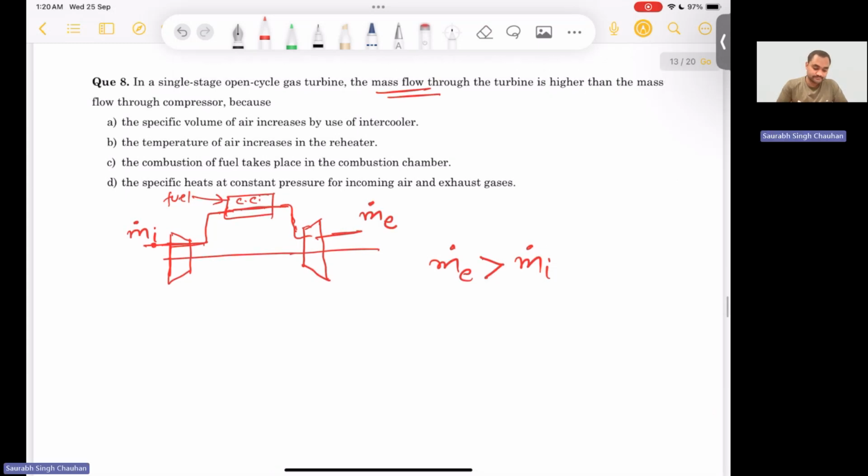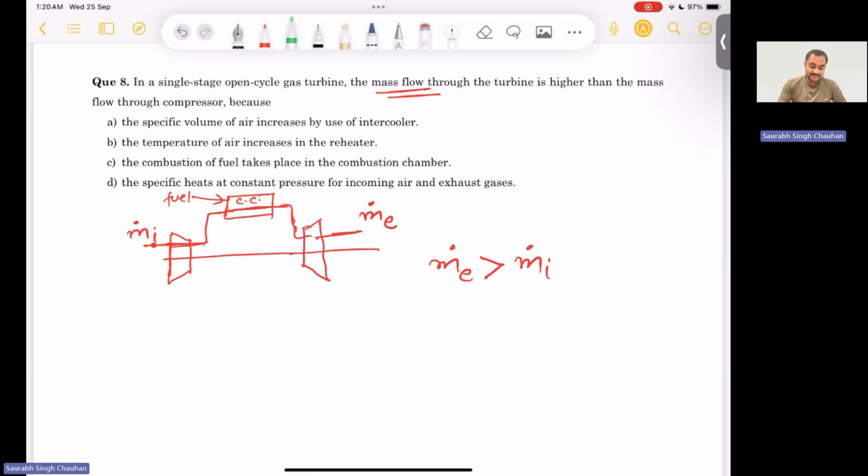Let us check all these options. Option A says this is because the specific volume of air increases by the use of an intercooler. It has nothing to do with the intercooler. Option B says the temperature of air increases in the reheater. Again, it is a single stage open gas turbine, so single stage means we are not reheating. Option C says the combustion of fuel takes place in the combustion chamber. Yes.